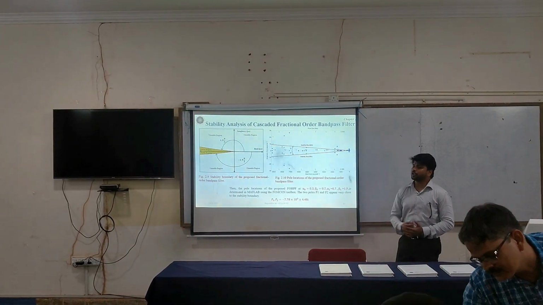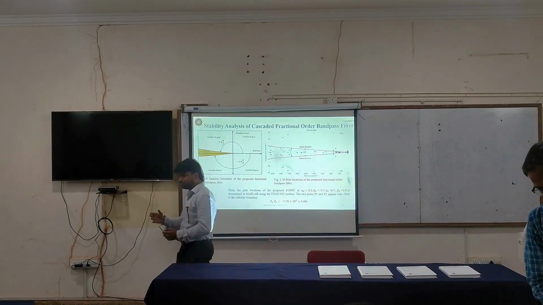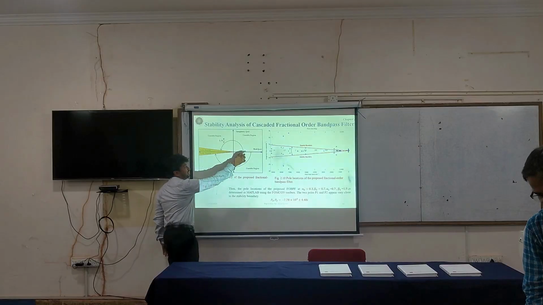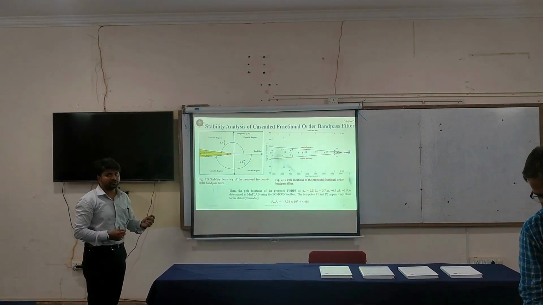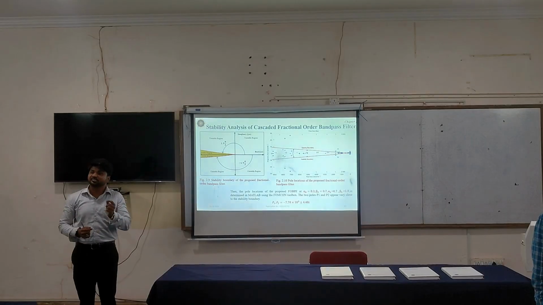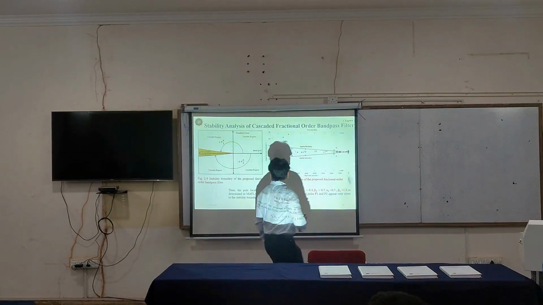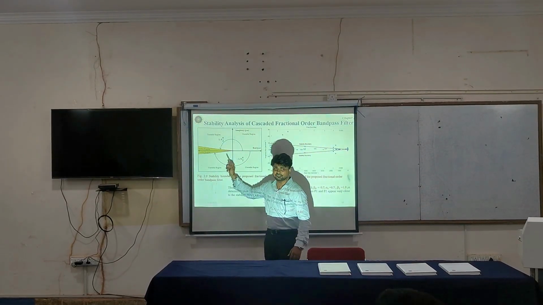Here, if you are talking about the fractional order system, the stability goes in this way: this angle is no more 90 degrees. This is alpha pi by 2. The order of the fractional capacitor decides its stability boundary, and here it has been seen that this is the stable range and this is the unstable range for the system.